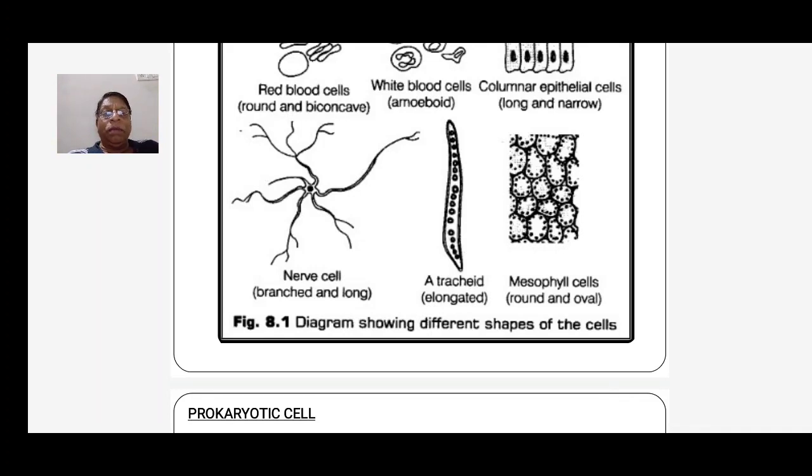At the same time, you can see the nerve cell with branches, a tracheid cell, elongated cell you can see. The cells of the leaves, you can see mesophyll cells with chloroplast. In all these cases, the shape is different. It means the shape of the cell varies. That's very important point.